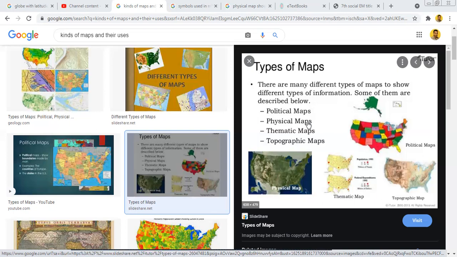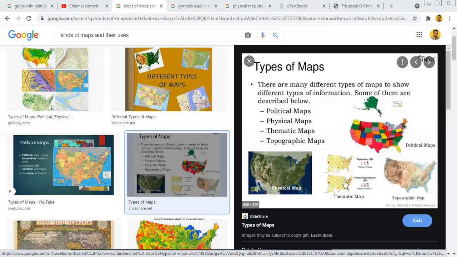Next, physical maps. Physical maps explain the land masses on the earth, the physical features, different land masses like mountains, deserts. Next, thematic maps. Those explain about the changes.